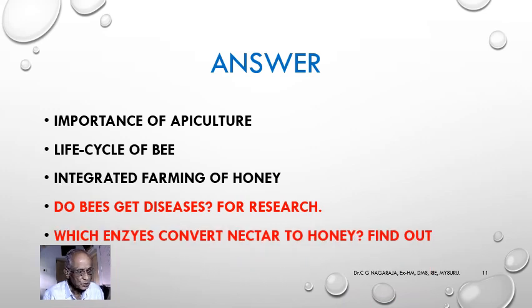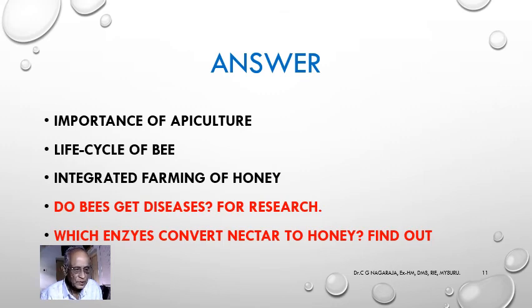We are almost coming to the end of this particular topic, and just for your examination purpose or for your regular study purpose, you may have to know what is the meaning of apiculture and the importance of apiculture. Try to understand that. And you also have to know the life cycle of the bee.